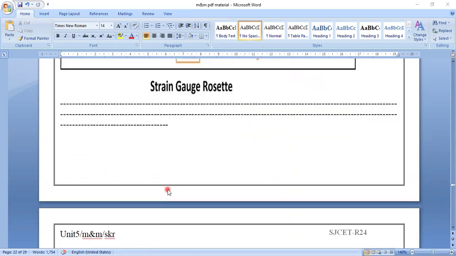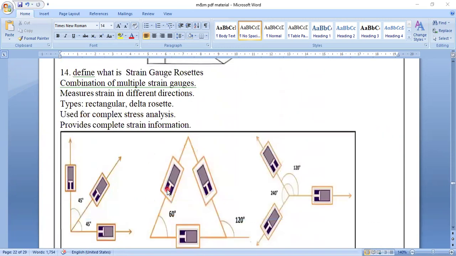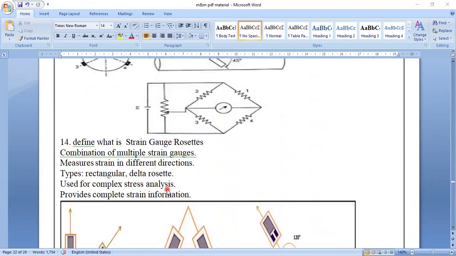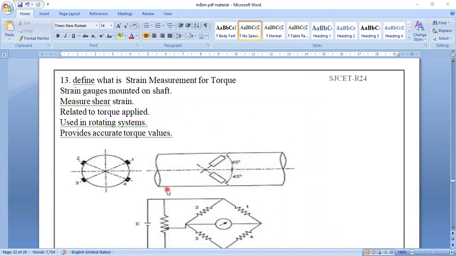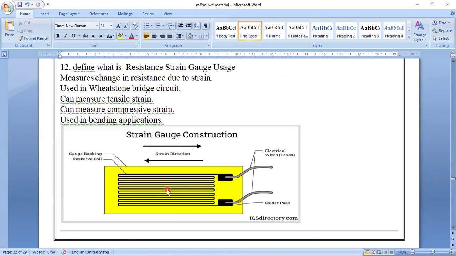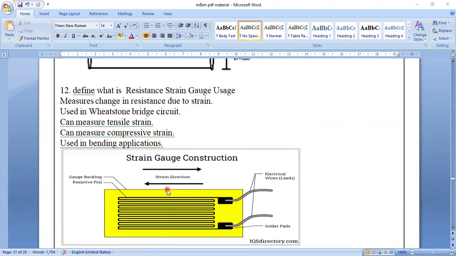So here I am ending unit 4. I have covered strain rosettes and also the strain gauge for torque, how we fix it on the shaft. Briefly explain a strain gauge.